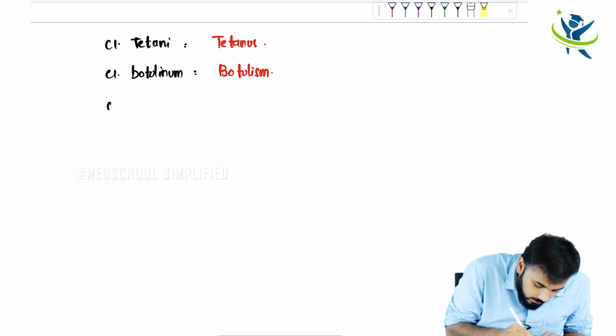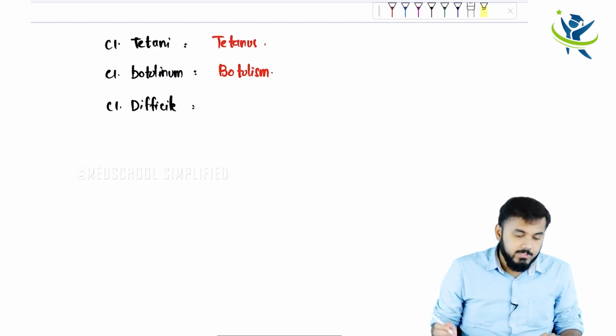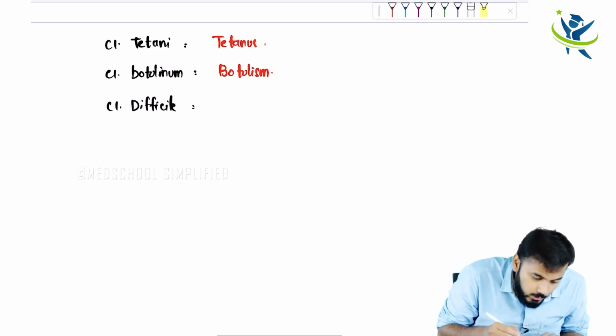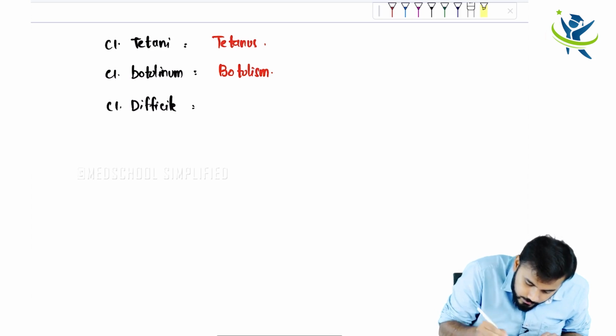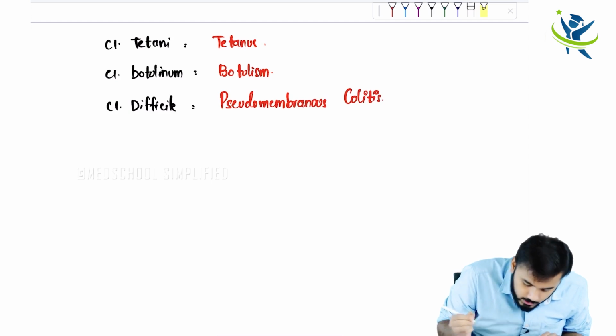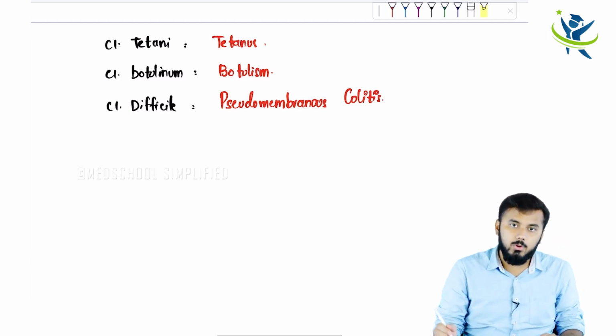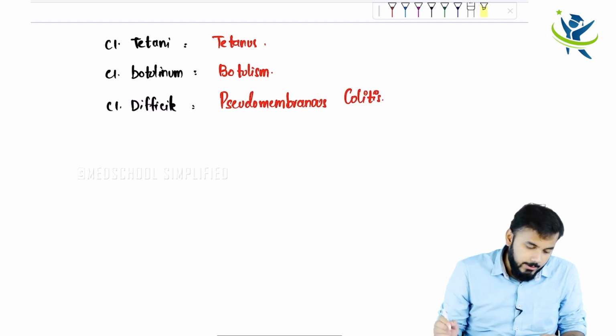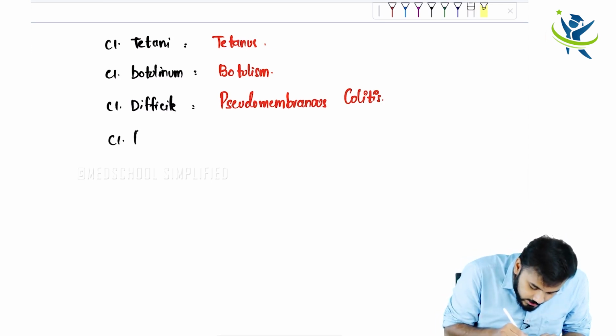Third thing, we have also got Clostridium difficile. And Clostridium difficile is responsible for causing pseudomembranous colitis. Next important thing, Clostridium perfringens.